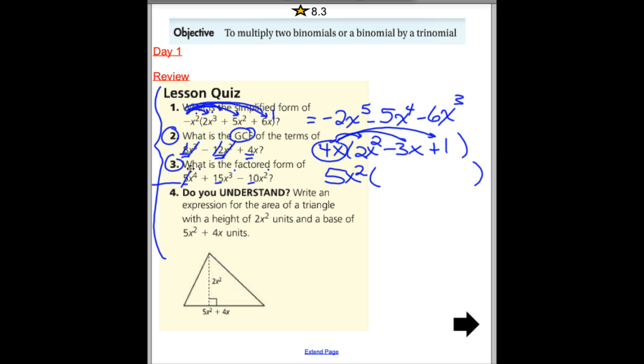Divide by 5 and I get a 1. Divide out 2 x's and I have 2 left. Divide out of 5 and I get 3. Divide out 2 x's and I have 1 left. Divide out of 5 and I get a 2. Divide out that x squared, and I wouldn't have any of them left. And it's done. Alright, so check those.